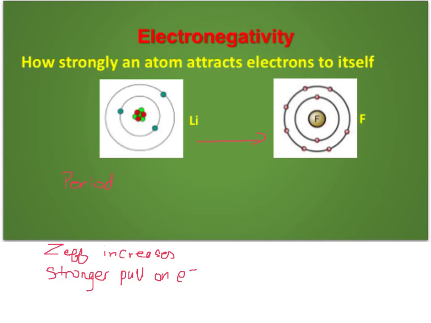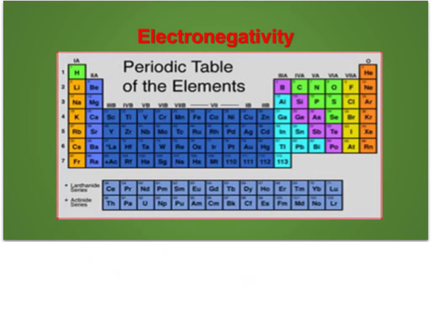So if there's a stronger pull on electrons, what happens to electronegativity? That means electronegativity will increase as we go left to right. Let's summarize what we just said.